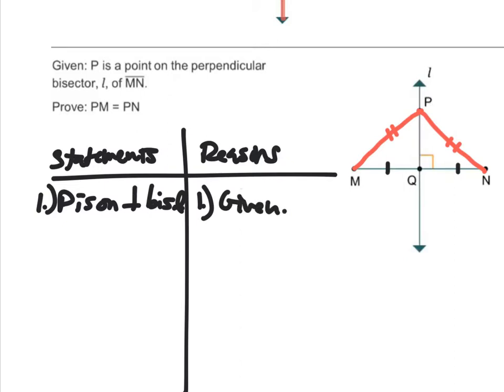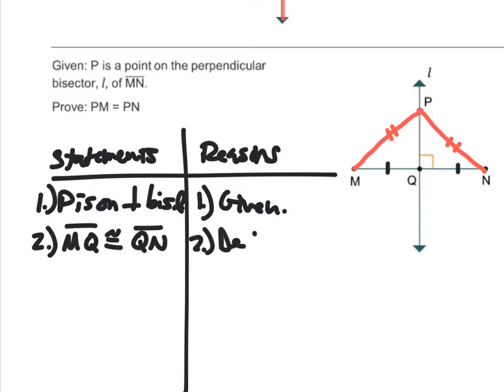And so what we can conclude from that, part two, is that MQ is congruent to QN, okay, and that's the definition of a perpendicular bisector, all right.